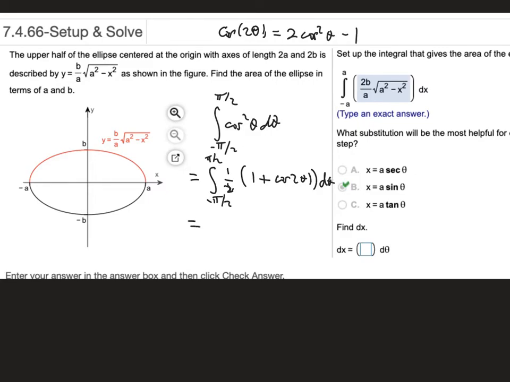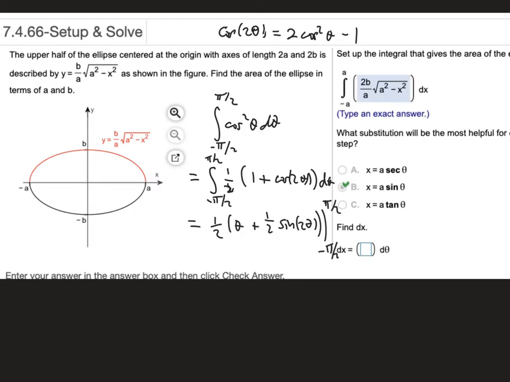And that, in turn, is just 1/2 theta plus 1/2 sine 2 theta, evaluated from minus pi over 2 to pi over 2. And that's a pretty easy antiderivative, cosine of 2 theta. You can use a substitution there, but we've seen many times what happens when you have this constant times your variable, that just produces the reciprocal of the constant out in front.